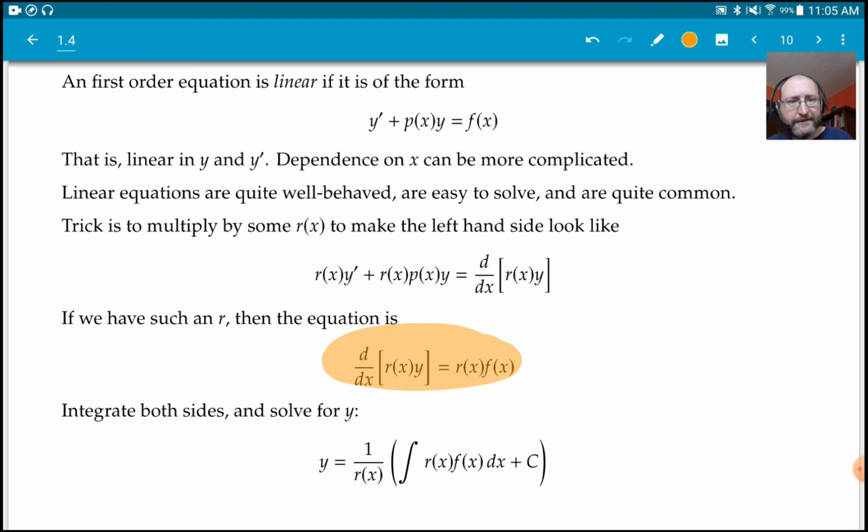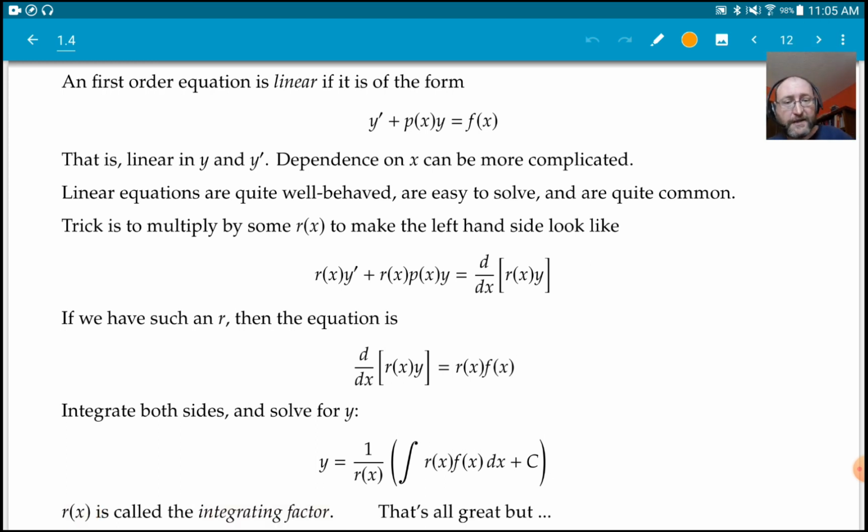That gives us that r times y is equal to the integral of r times f, and then we just divide by r to solve. And there is our y, there is our solution. This function r is the integrating factor. That's the thing that we multiply by to get something that we can integrate. That's why it's called the integrating factor.